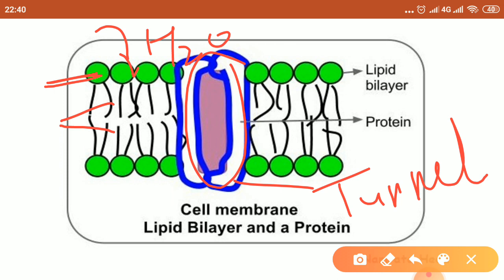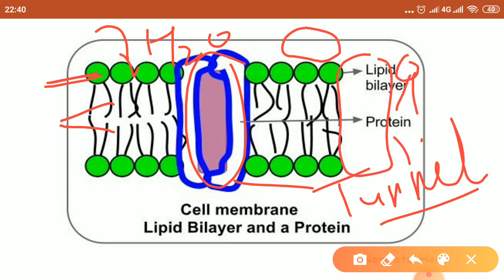So this is just a basic idea. These kinds of tunnel proteins are present all over the membrane structure. Some proteins can be present above the membrane, on the external part. Some of them can fit inside the membrane in this way, as shown here. So these make the channels for the entry of the water.